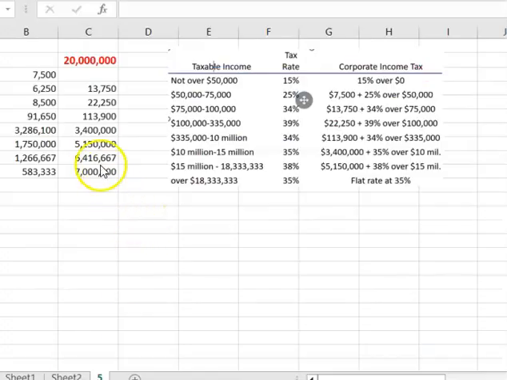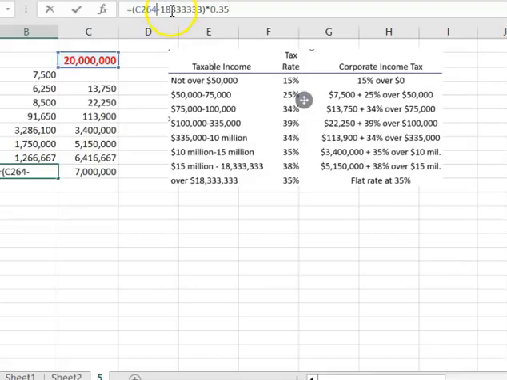I'm sure you got surprised, because after you applied all those steps and better tax rates of 15% or that, again you came up with the same number, the same tax of 7 million here, because it is 20 million.